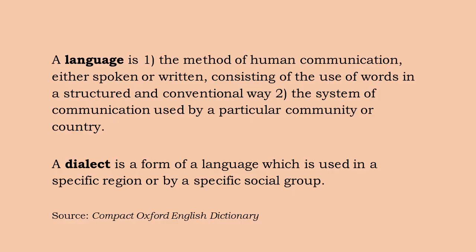So here are the definitions according to the Oxford Dictionary. A language is the method of human communication, either spoken or written, consisting of the use of words in a structured and conventional way. And it's also the system of communication used by a particular community or country. A dialect is a form of a language which is used in a specific region or by a specific social group.